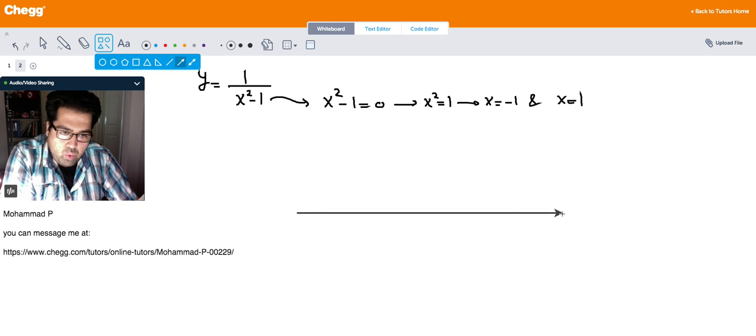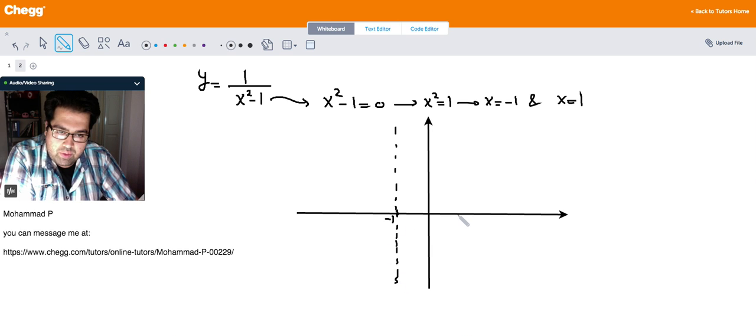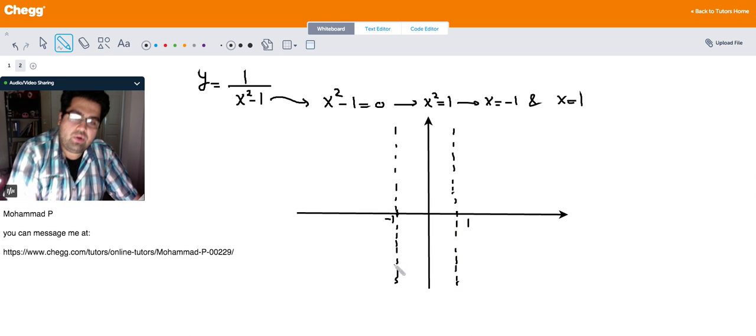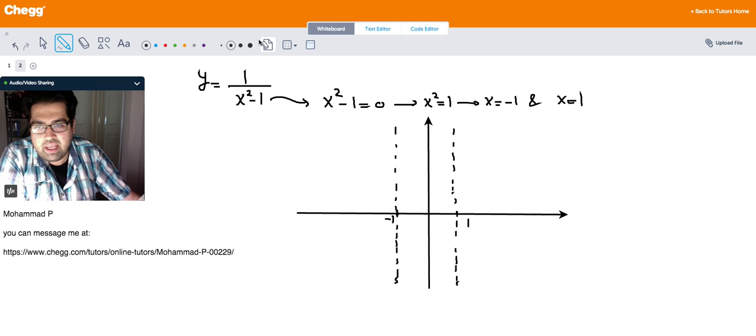And what do they mean graphically? They mean that at x equals 1 and x equals negative 1, I would always draw the vertical asymptotes with a dashed line. At these two x values, the function is either going to positive infinity or negative infinity.